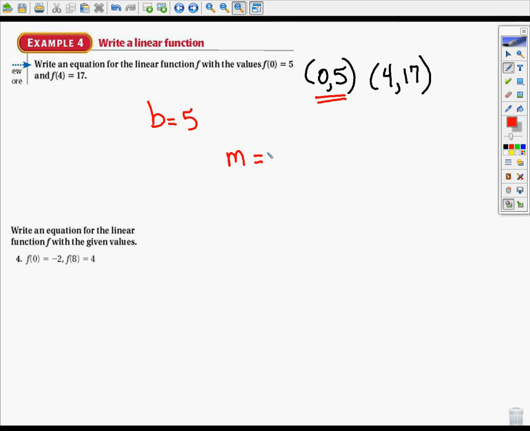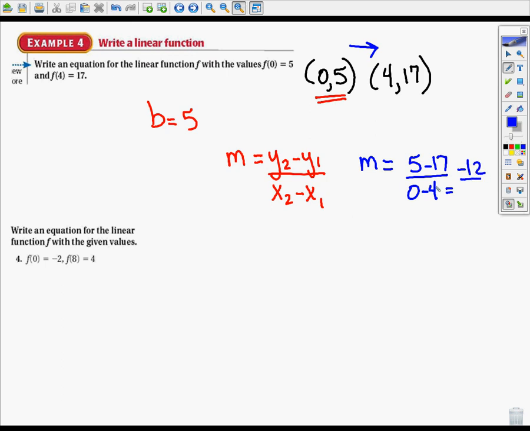My slope, recall, is y2 minus y1 over x2 minus x1. And honestly, it doesn't matter what direction you go. I'm just going to go this direction. So I'll go 5 minus 17, there's my y's, and 0 minus 4. So 5 minus 17 is negative 12. 0 subtract 4 is negative 4.